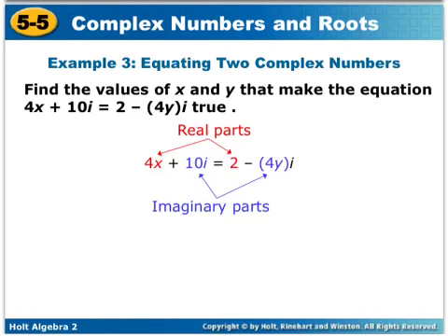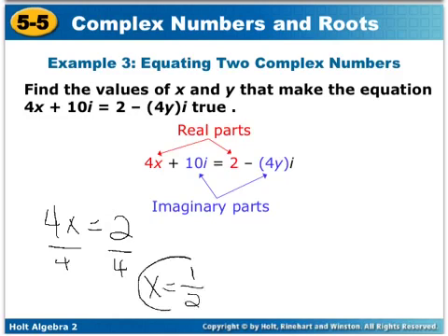So we're going to set the red parts equal to each other. 4x equals 2. Divide by 4, divide by 4, x equals 1/2. And then we're going to set the blue parts equal to each other.